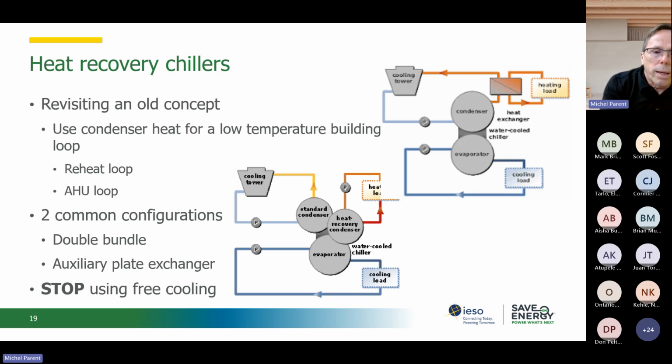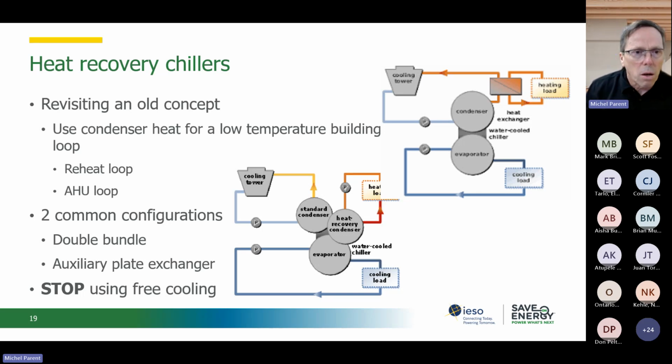I remember working in a large building downtown Toronto, and they had heat recovery chillers. When the chiller was due to be replaced, they never put a heat recovery chiller back because they were slightly less efficient than a conventional chiller. But the heat recovery chiller is a very valid concept for large buildings, and sometimes medium-sized buildings, that have hydronic heating and hydronic cooling, especially when you have a low temperature loop.